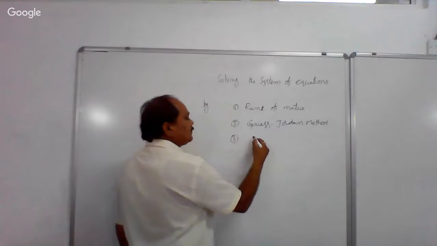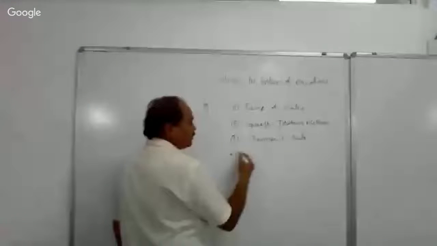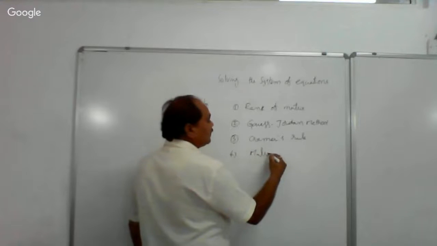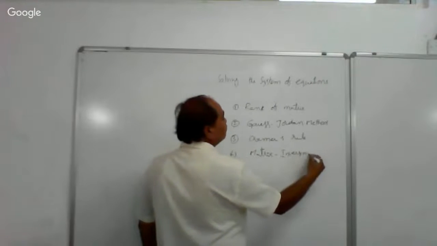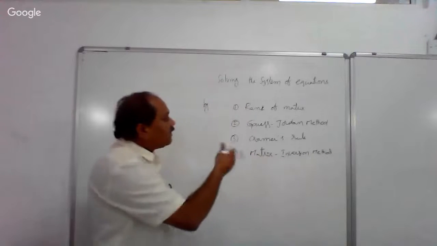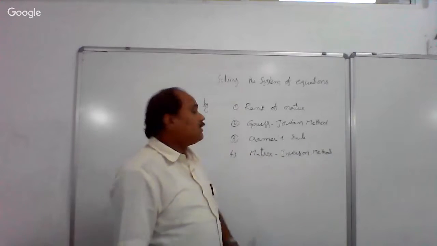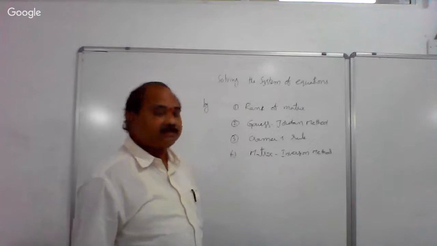Third one, Cramer's rule. Fourth, matrix inversion method. By using any of these methods, we can solve the given system of equations.